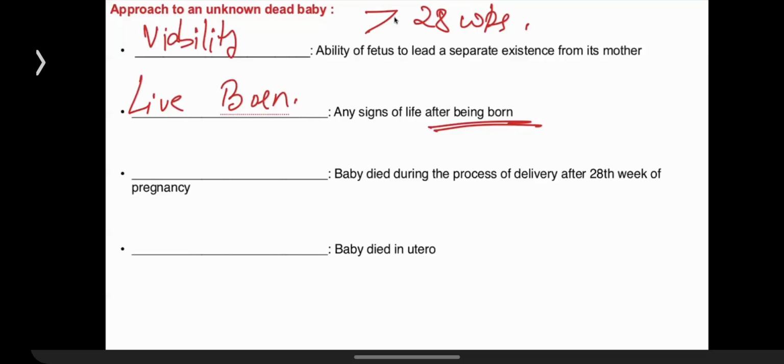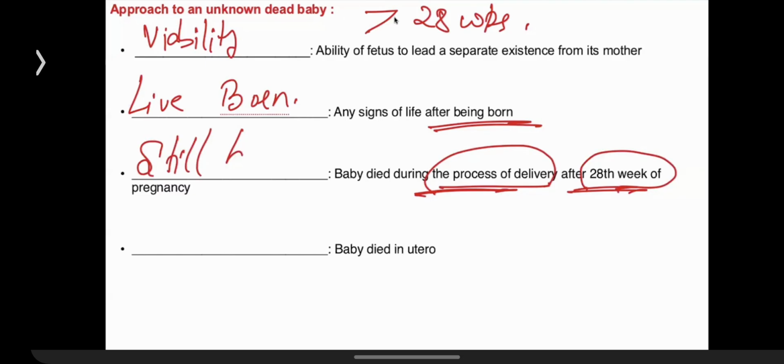If the baby dies during the process of delivery after 28 weeks, two things: during the process of delivery plus more than 28 weeks of gestation, that is called stillborn. And when the fetus dies much earlier in the uterus itself, that is called dead born.